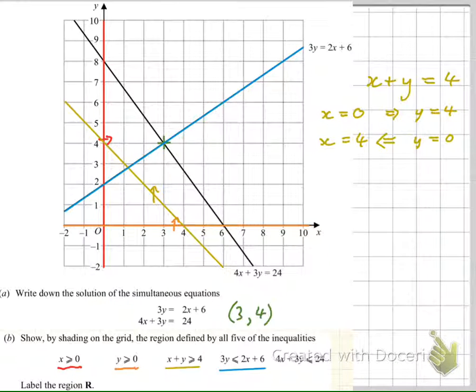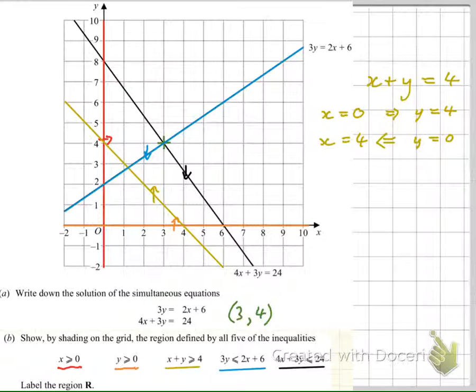So I've drawn that one in blue to highlight it, and note that we have a positive 3y, and it's on the less than side, so we want to be below that line. And with the last one, which I'll just leave black, the positive y is on the less than side, so we want to be below that line as well.